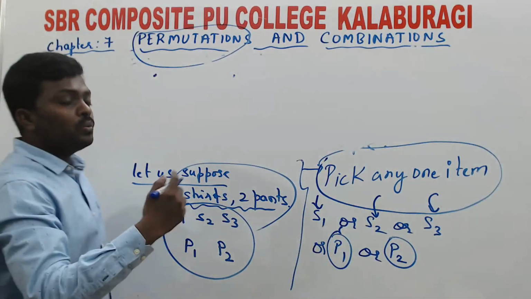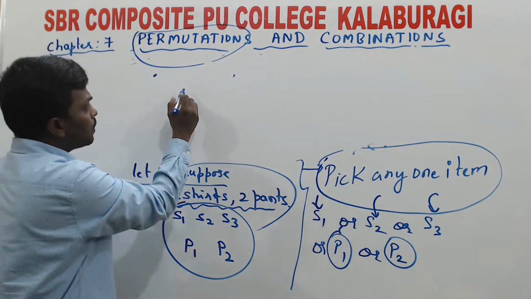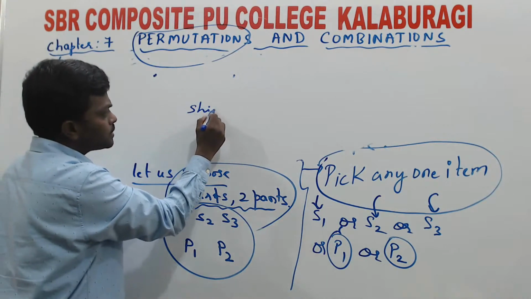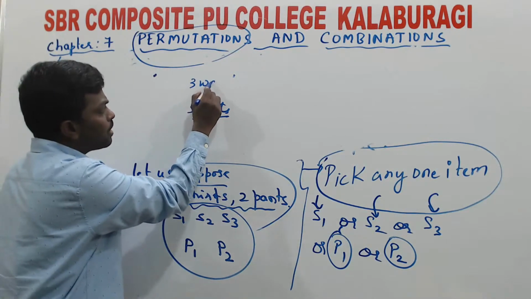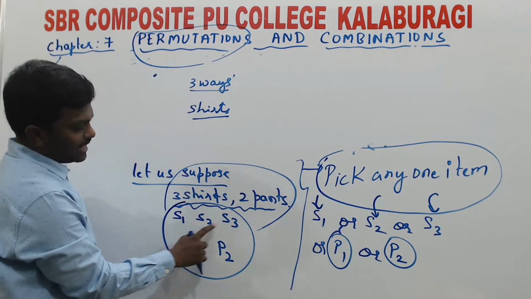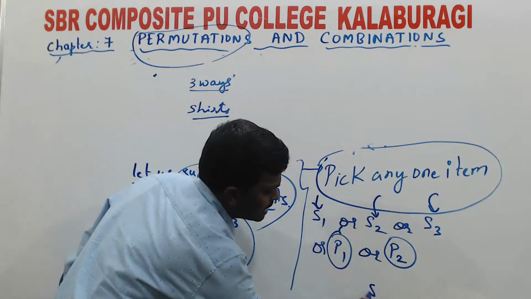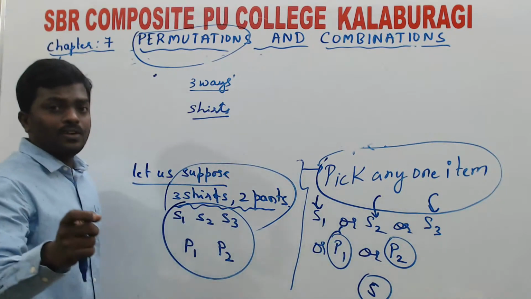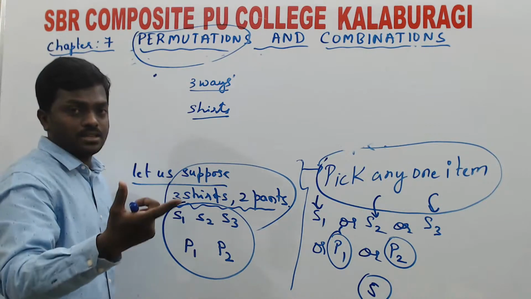How can we write it down in the addition principle? For shirts to pick, how many ways do we have? Three ways, right? Three different shirts. So by this you have understood that we can pick in five different ways.